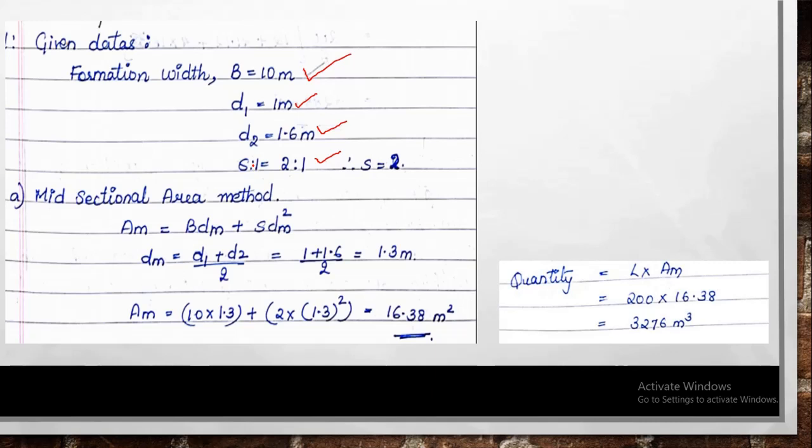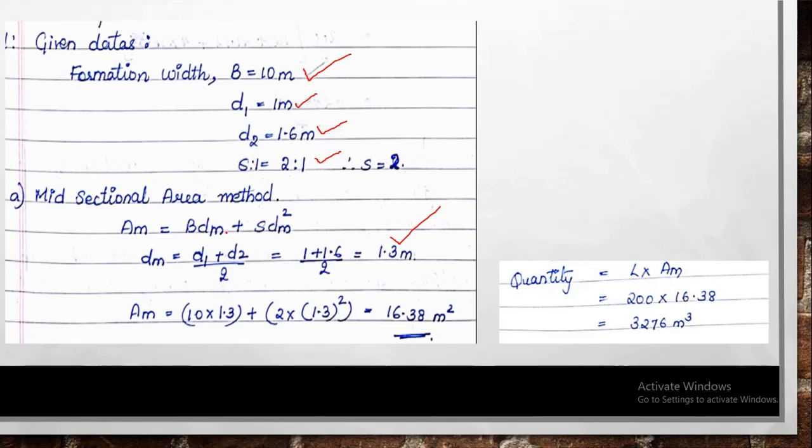The mid-sectional area method tells that AM is equal to BDM plus SDM square, where DM is the average of the two depths at the first and the last. So DM is equal to D1 plus D2 by 2. So 1 plus 1.6 by 2, that is 1.3 meter. We got the value of DM.